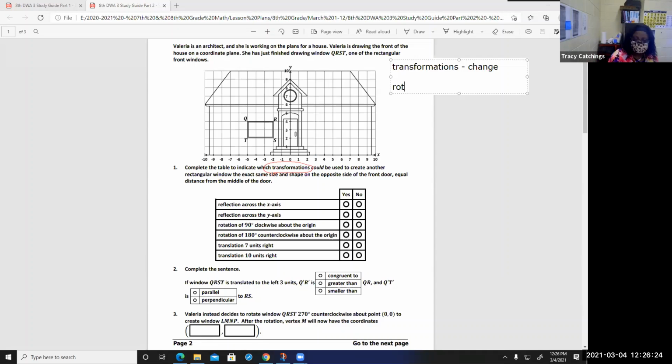All right, one is a rotation. What happens during a rotation? Move around how? What does rotate mean?